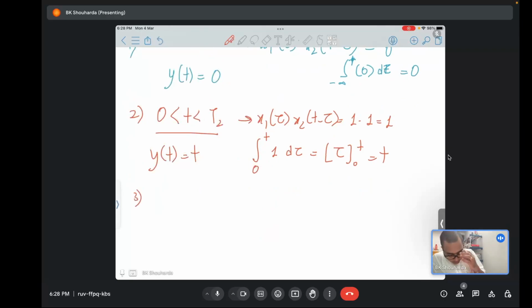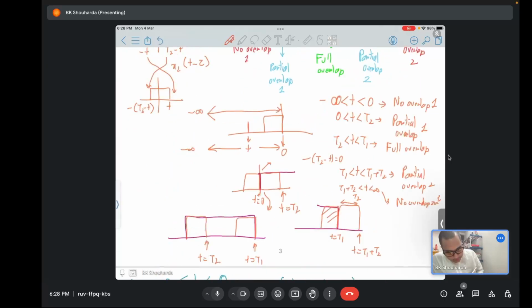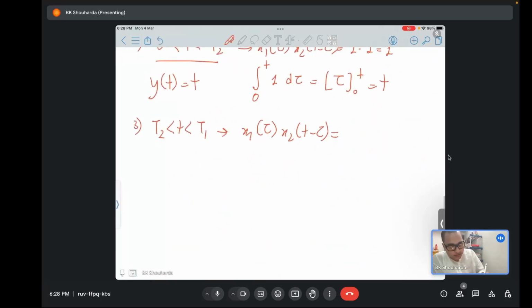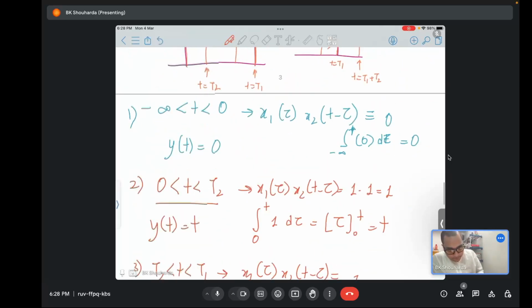And now we look into this for t2 less than t less than t1, x1 of tau into x2 of t minus tau, what is this? This is also 1, this is also 1, so the product is 1. And where will the integration limit start from?